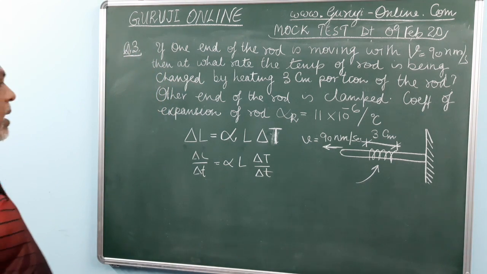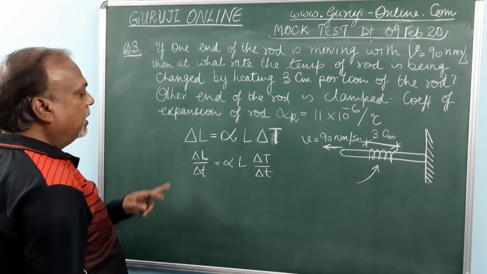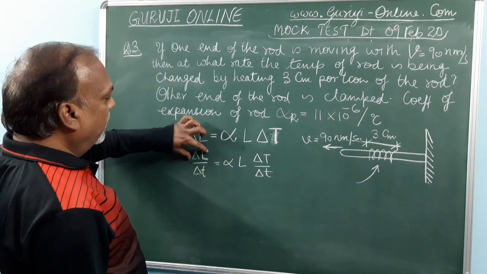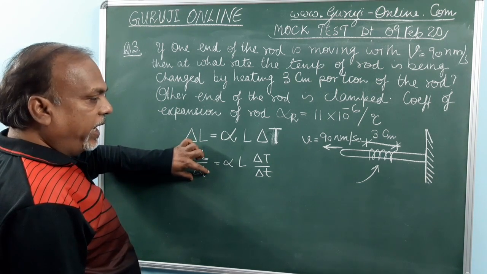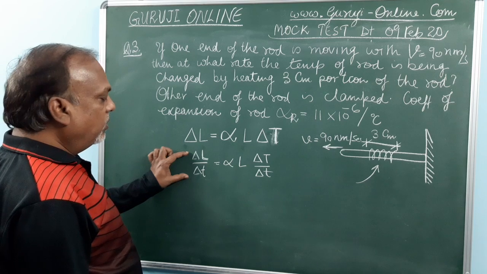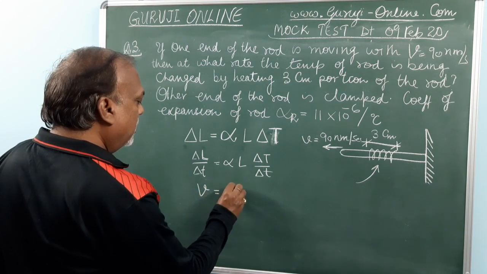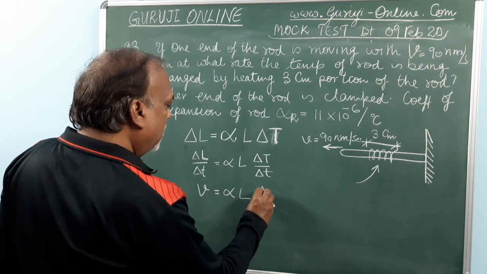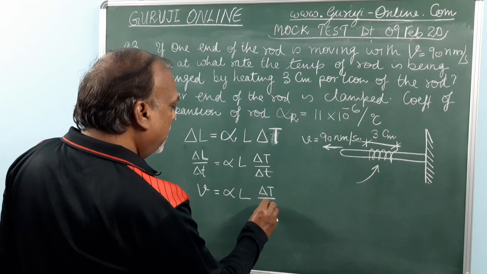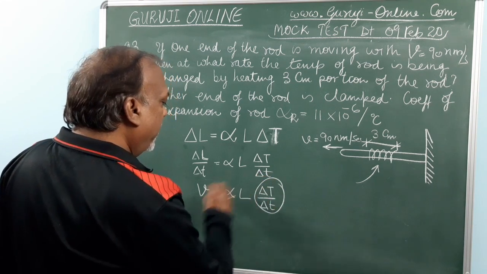Now it looks simple. What is delta L by delta t? That is this much of elongation in this unit of time, and this gives you the velocity, and this is what, the rate of temperature, we have to find out.